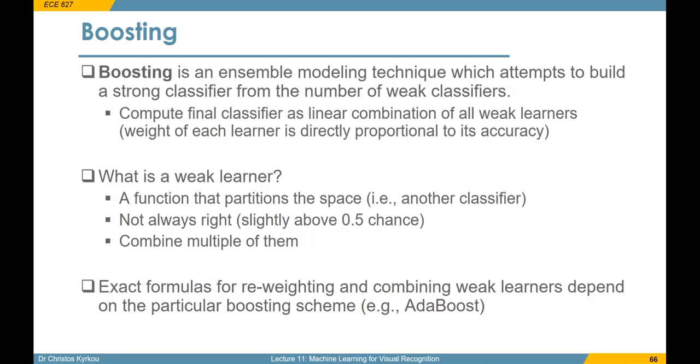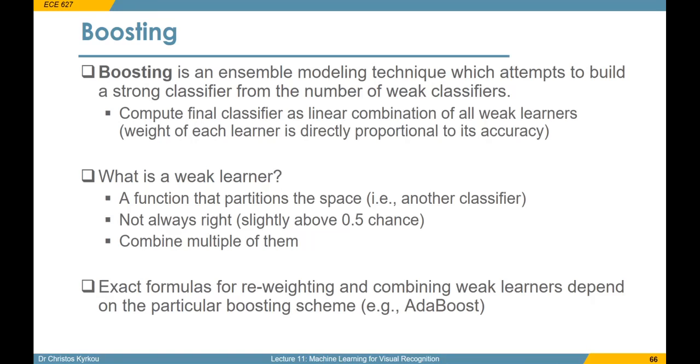Rather than 0.5, which is the random chance, its accuracy could be 0.55 or 0.6 or whatever. And the idea is that when you combine multiple of them, you can get something that is much more accurate than each individual classifier.